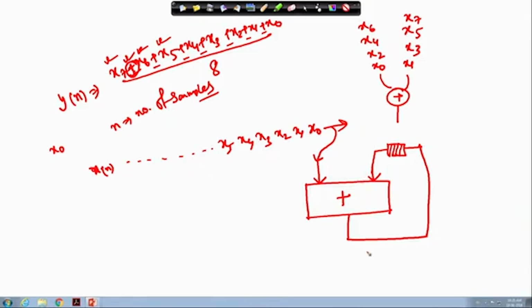That means the output is connected back to the adder in feedback, and I need one additional output for getting the final output, because we are doing this in a loop.